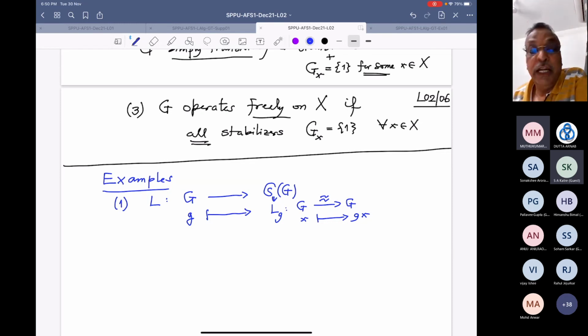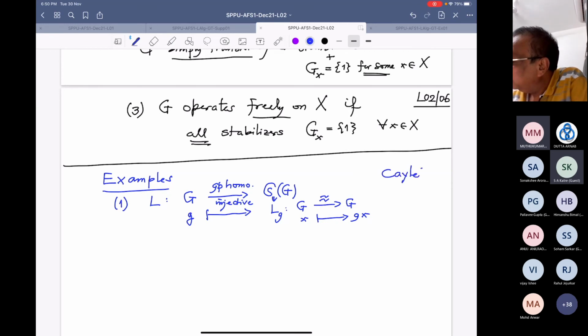And secondly, you note that this is a group homomorphism. Third thing, you note that this is injective. So that was Cayley who proved that every group is a subgroup of some permutation group.